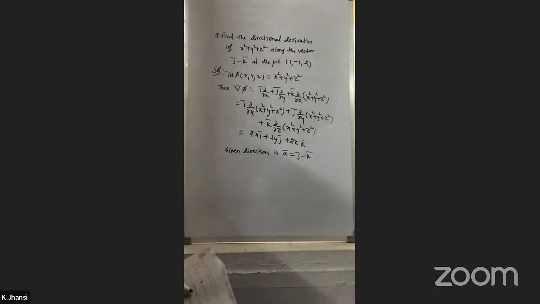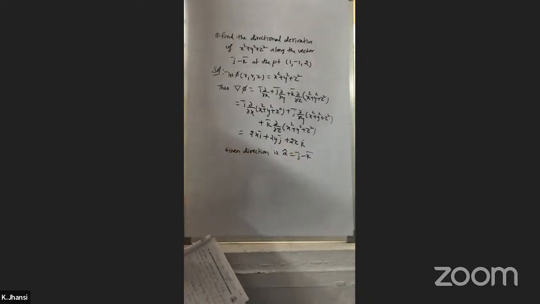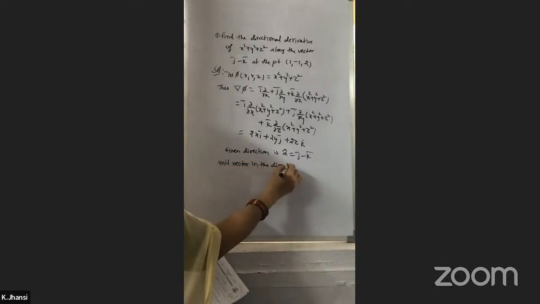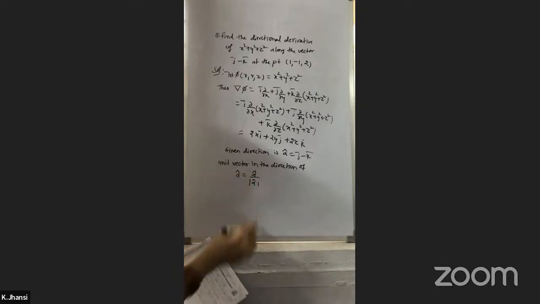Okay. So now substitute in the formula. That is, the unit vector in the direction of A is equal to vector A by modulus of vector A. Okay.